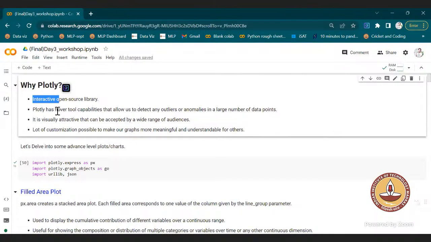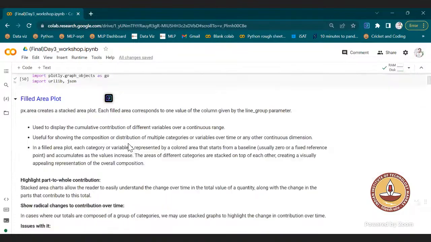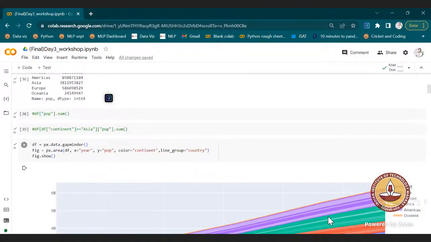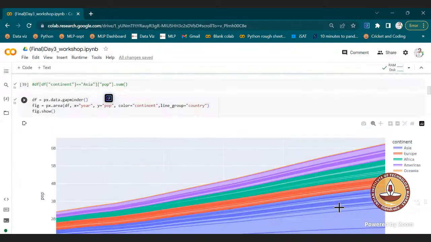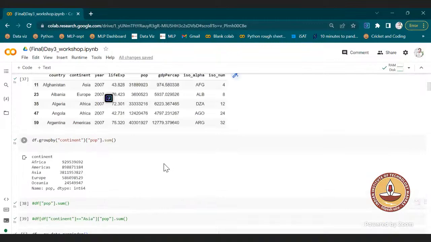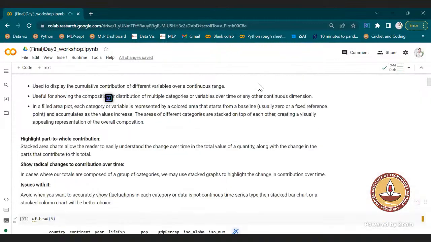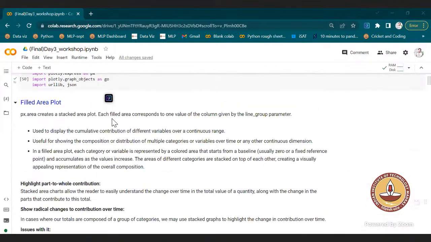We have hover tool capabilities, so whenever you hover over the graph, you will see the data, the values and all. This is the good thing about it.